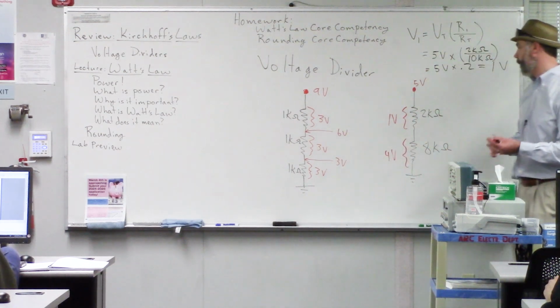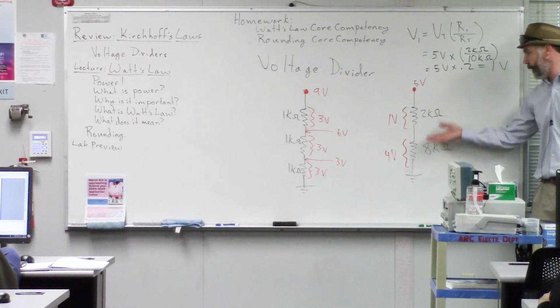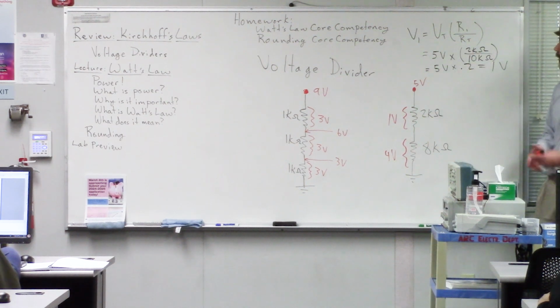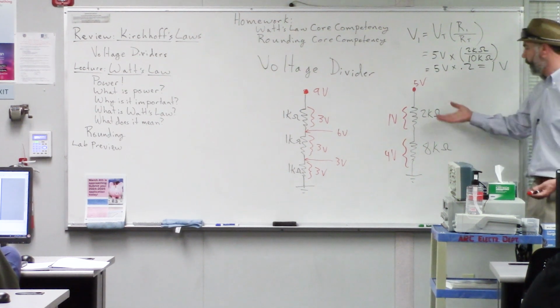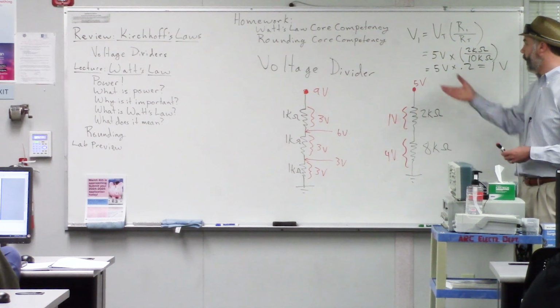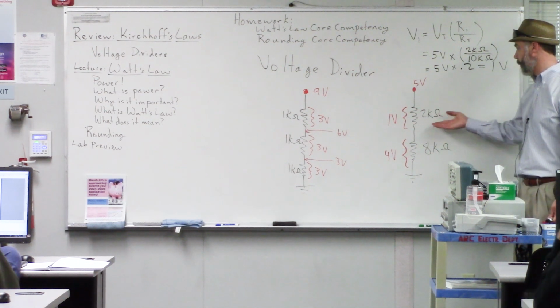So when the resistance values are uneven, we have to use this formula up here. So questions about that? Okay. So this is another way of saying that the voltages are just proportional to the resistors.